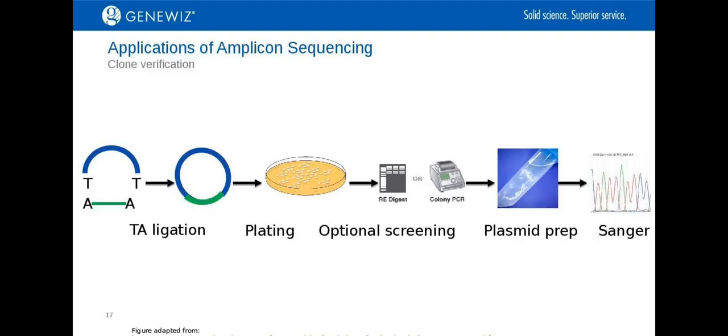This product can then be ligated into a vector with T overhangs. This mixture is transformed into bacteria, plated, and each growing colony has one sequence. The DNA needs to be extracted from said colonies, and then sequencing can happen via Sanger. As you can imagine, this may be quite labor intensive, and there's only a finite number of colonies that you'd want to pick, prep, and screen.